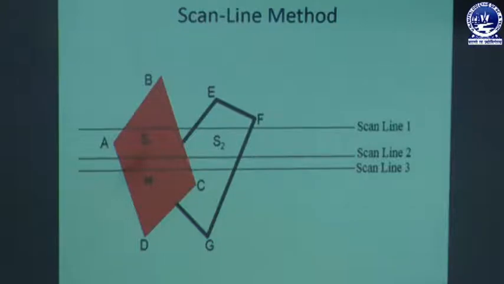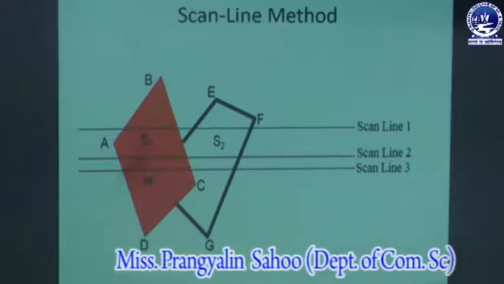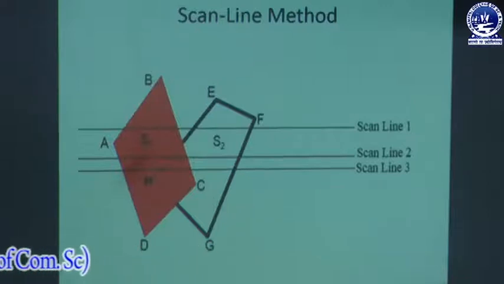We can take advantage of coherence along the scan lines as we pass from one scan line to the next. In this given figure, scan line 3 has the same active list of edges as scan line 2. Since no changes have occurred in line intersections, it is unnecessary to make depth calculations again between edges EH and BC.